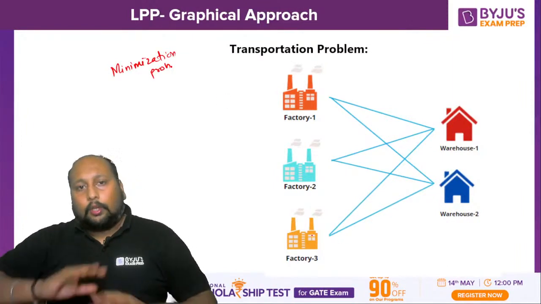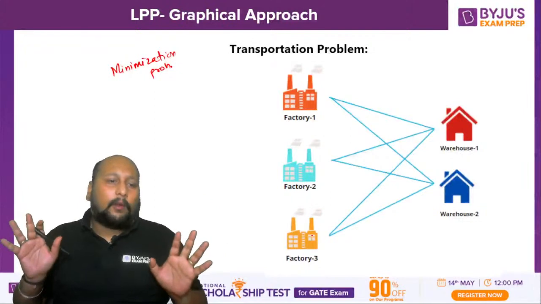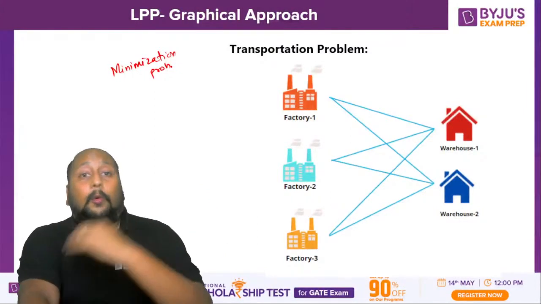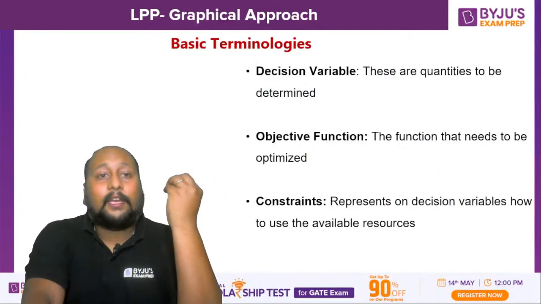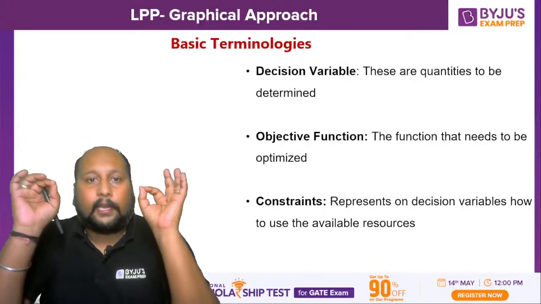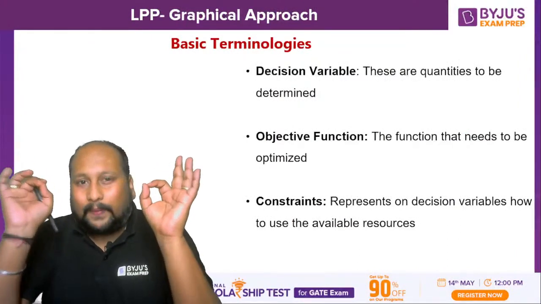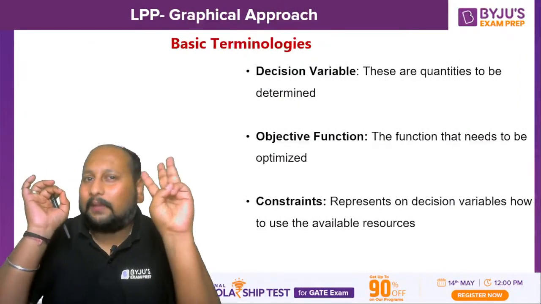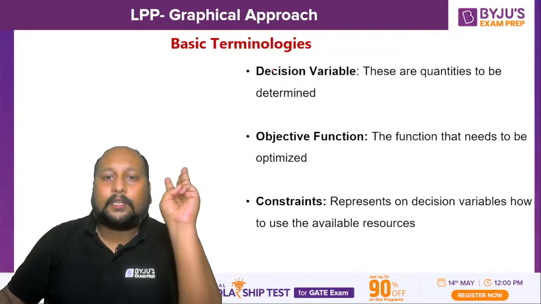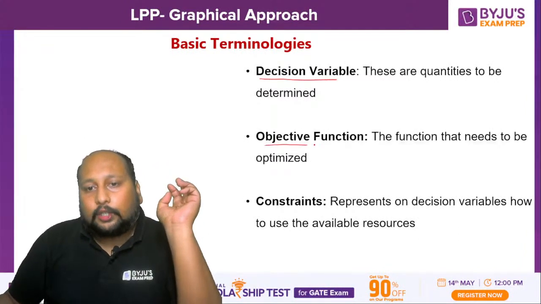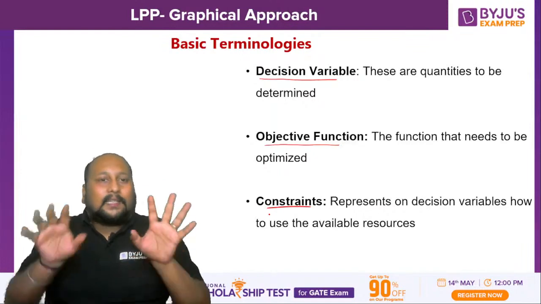Okay, so these are the basic understanding of what LPP is. Now let us talk about the different parameters that we need to understand before going into the graphical approach. The basic terminology has 3 important parameters: decision variables, objective function and constraints. What are decision variables?